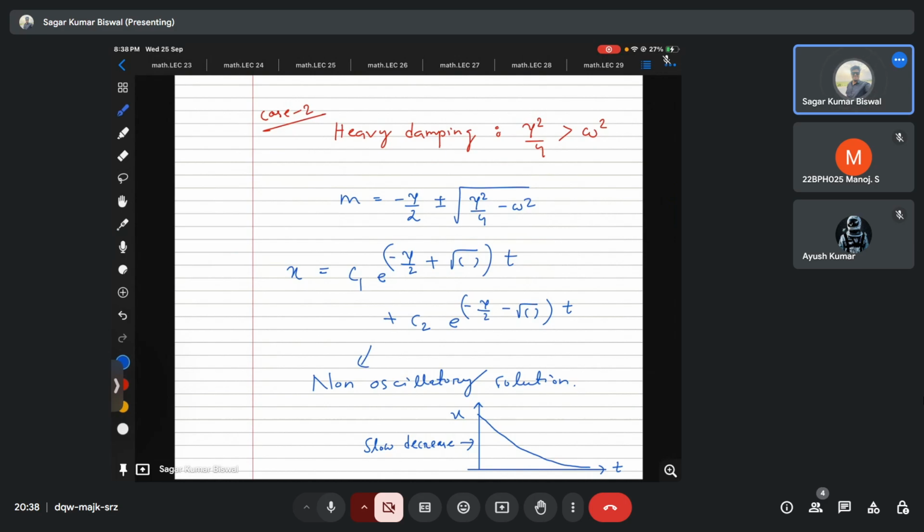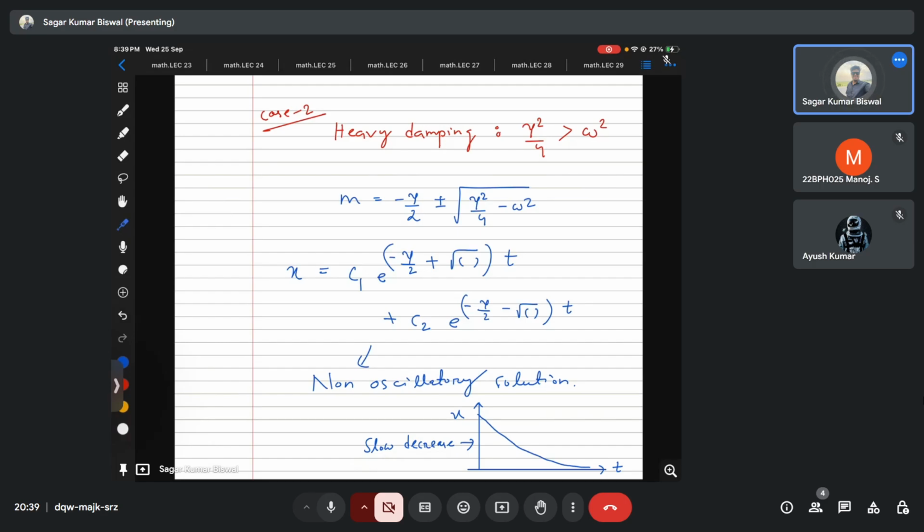So this will be the form of the solution you will get, and here there will be no oscillation. The particle will just go to the equilibrium without executing any kind of oscillatory motion. If you displace it, it will just go back to the origin very slowly, right? This is the case of heavy damping.